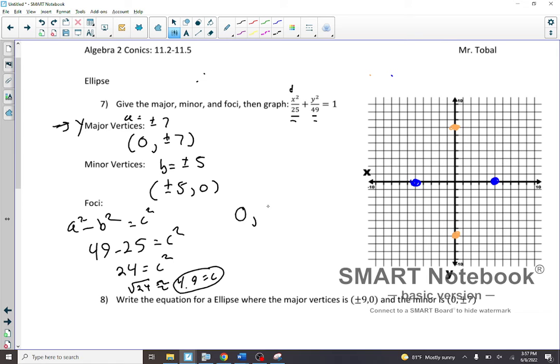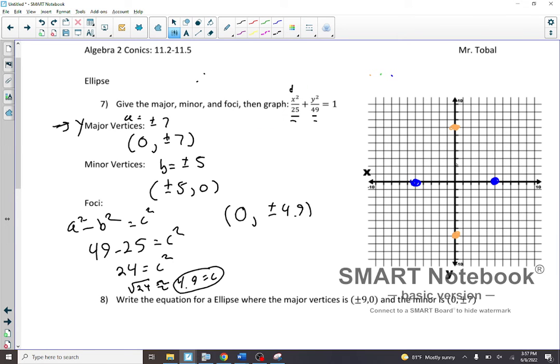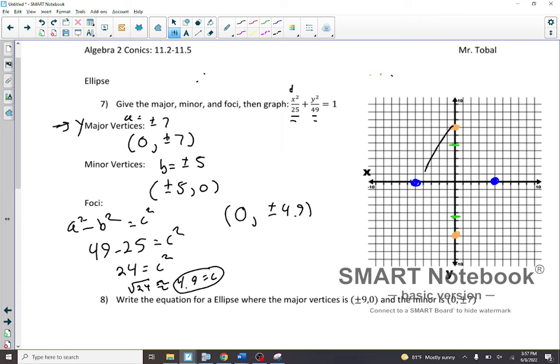So this is going to be 0, plus or minus 4.9. So we're going to go 1, 2, 3, 4, and a little bit before 5. And then from there, we just graph our ellipse. Connect the dots.